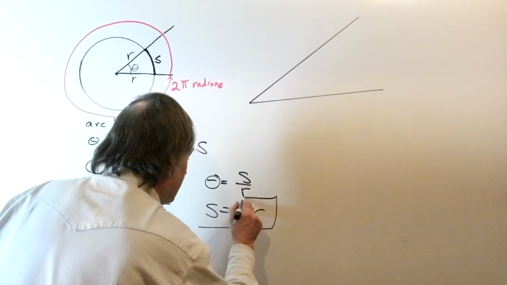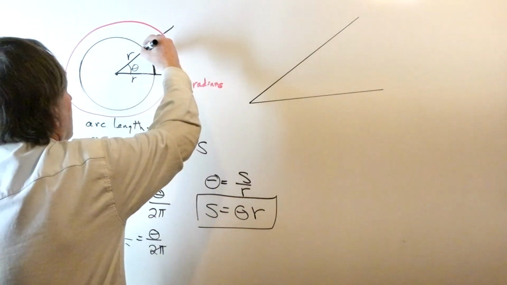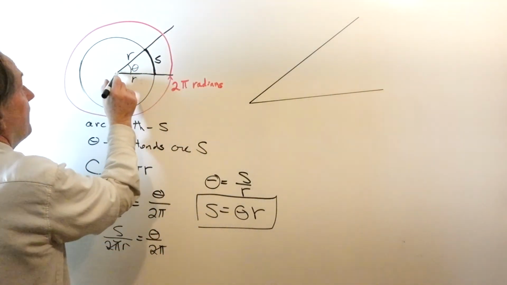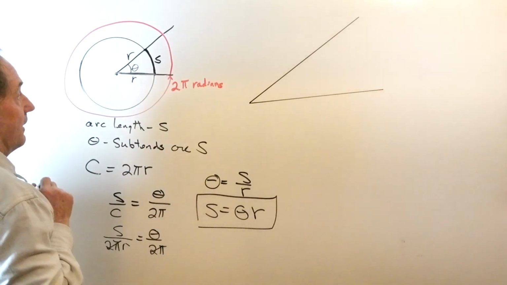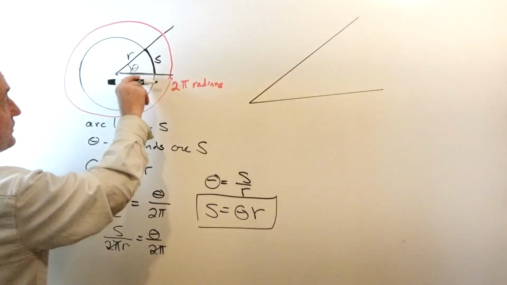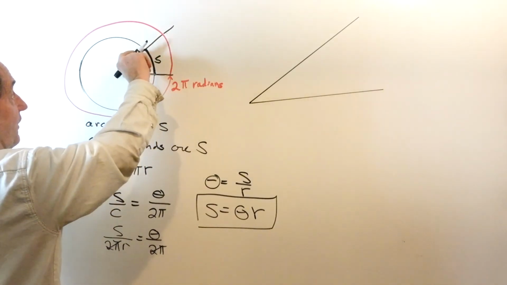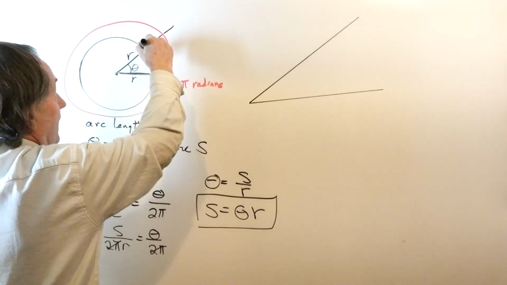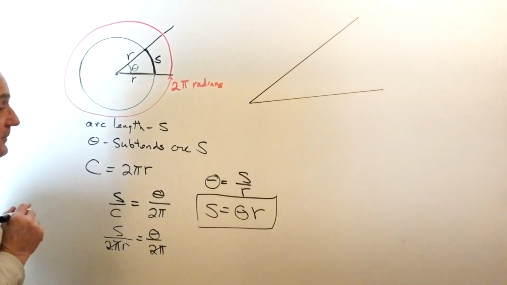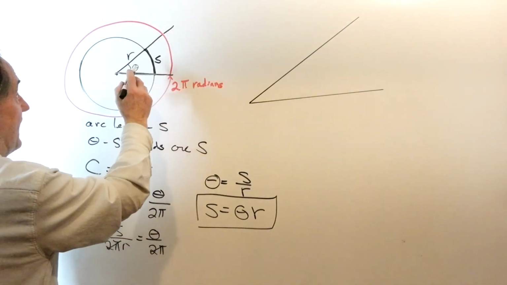Very important relationship, that if you have a side of an angle of length r and you sweep it through an angle theta in radians, then the amount of arc, the length of that arc swept out, S, is just the angle.